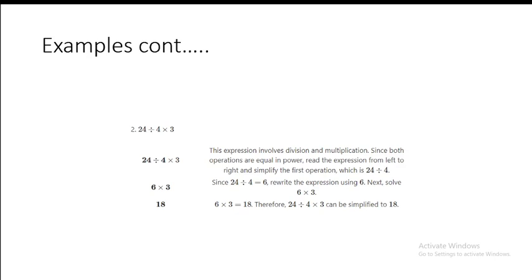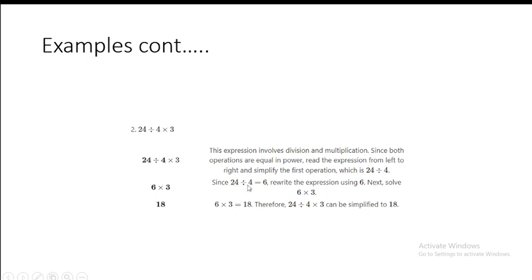We can have another example here. 24 divided by 4 times 3. This expression involves division and multiplication. Since both operations are equal in power, we read the expression from left to right and simplify the first operation, which is 24 divided by 4.